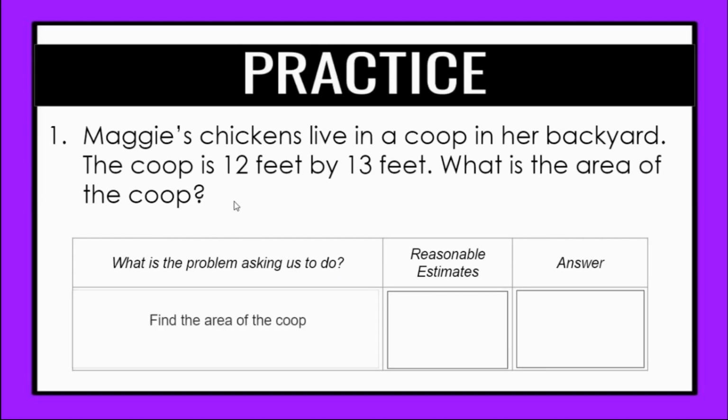So that's our first thing to do. The second thing you need to do is find a reasonable estimate. What is a reasonable estimate as the answer for this one? Got an estimate? Write it down.